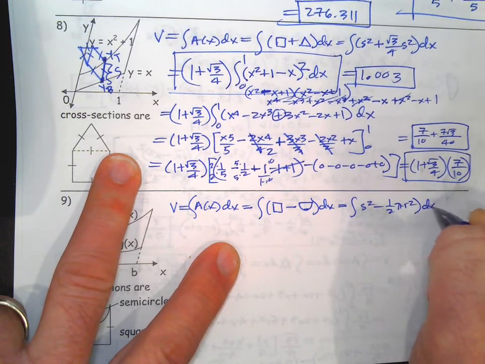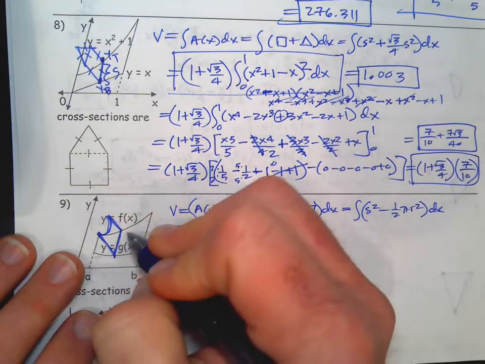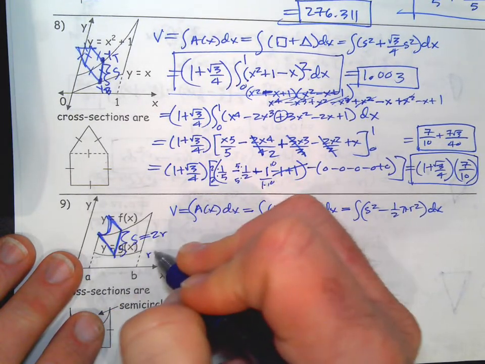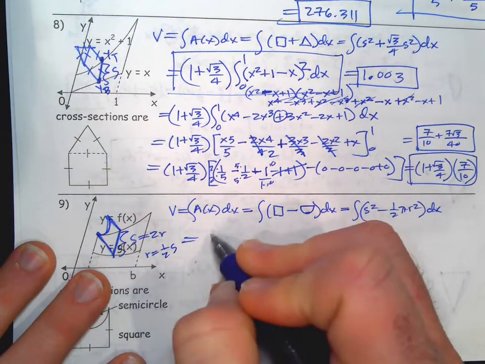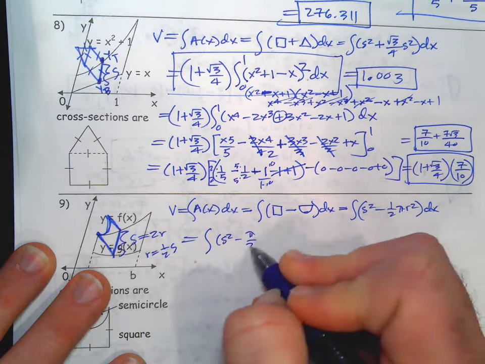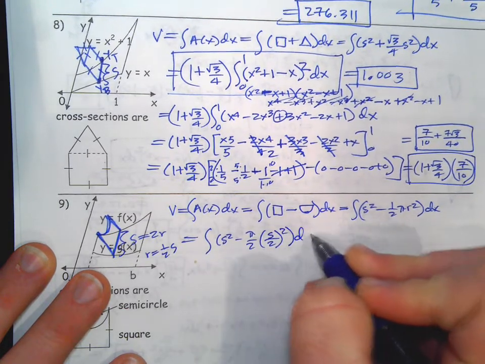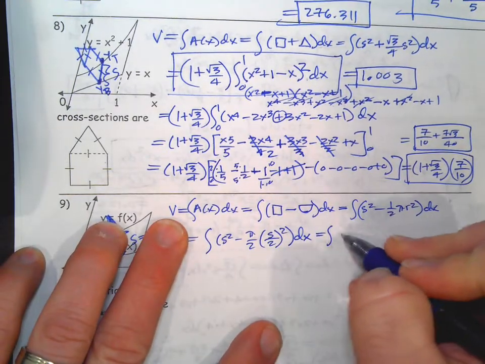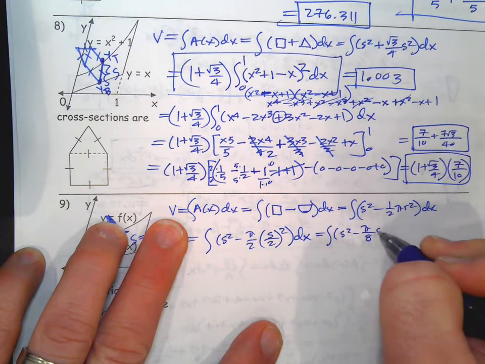We would like to get these both in terms of s. S equals 2r, r equals 1/2 s. So it's going to be side squared minus pi over 2 times side over 2 squared. And that's going to give us side squared minus pi over 8 side squared.